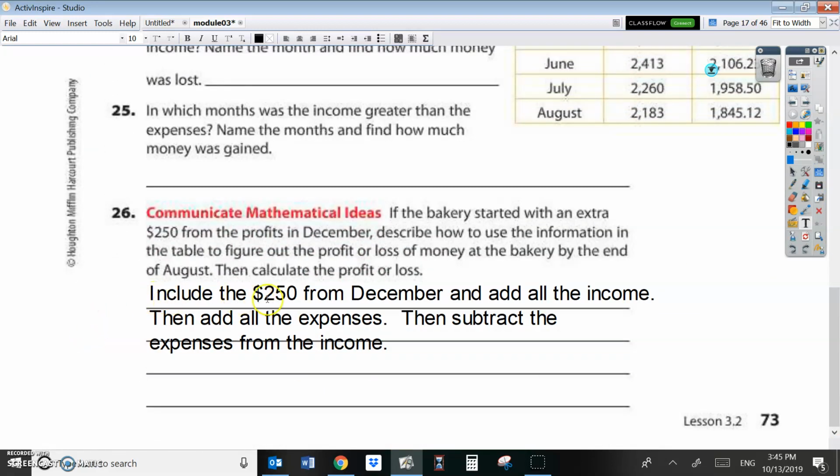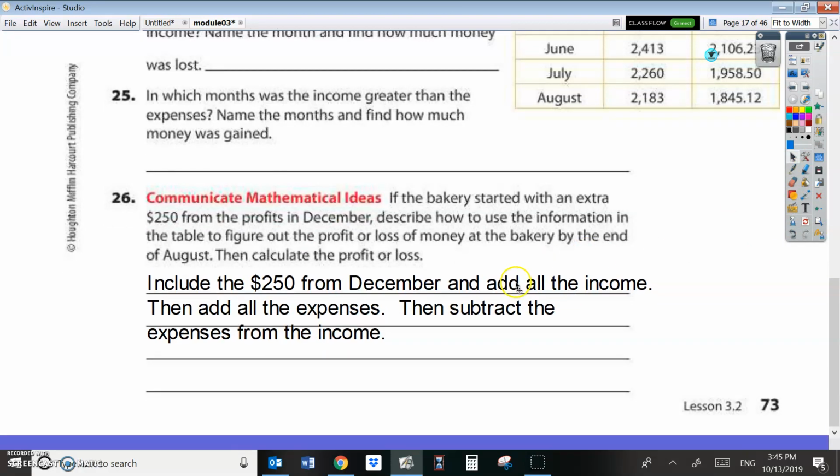Okay, so include the $2.50 from December and add all the income, then add all the expenses, then subtract the expenses from the income. So we're going to do that.